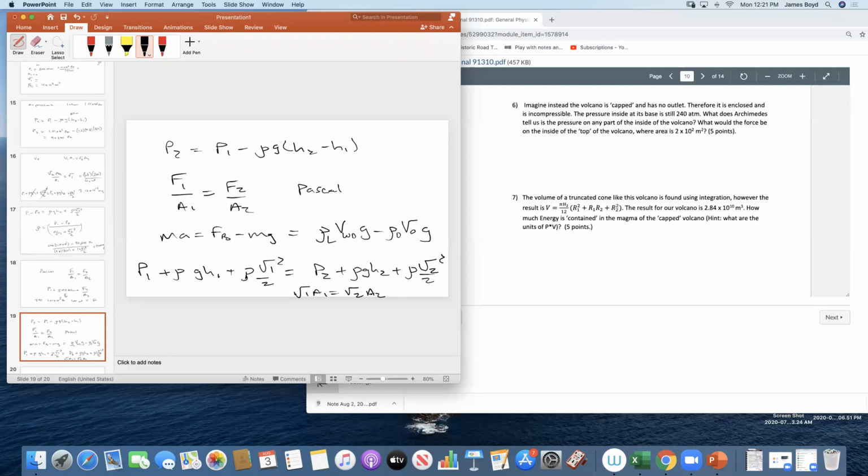Like in the beginning of the volcano problem, you had to find the air pressure at the top. And then remember that for any pipe or thing that the liquid's flowing in, if it's open to air, the pressure of the fluid at that point, the static pressure P, is equal to the pressure of the air.